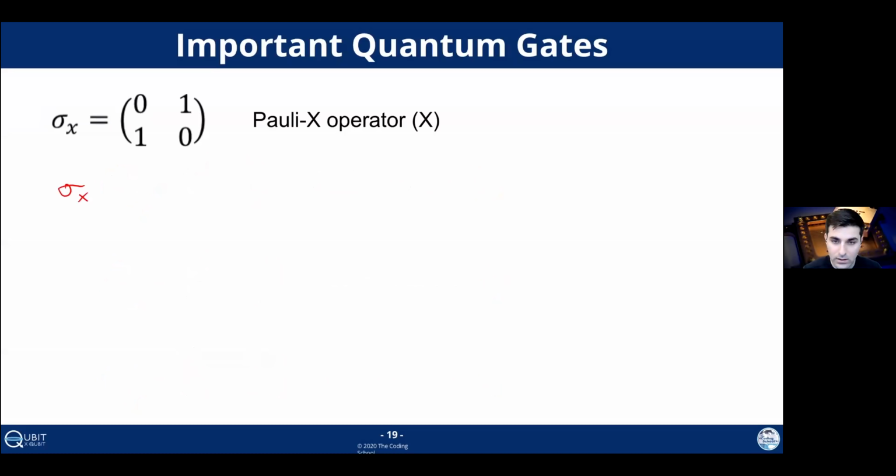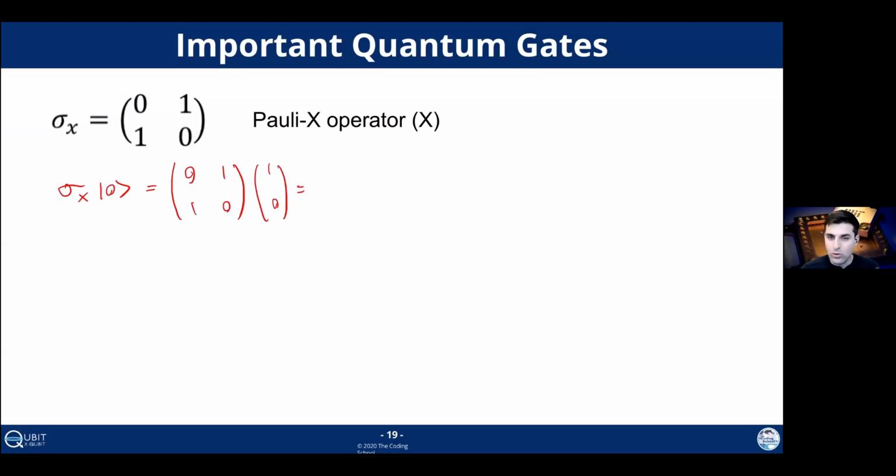Let me start a poll for this. As practice, we can write this as a matrix-vector multiplication. The matrix for Pauli X is 0, 1, 1, 0, and the vector for the 0 state is just 1, 0.